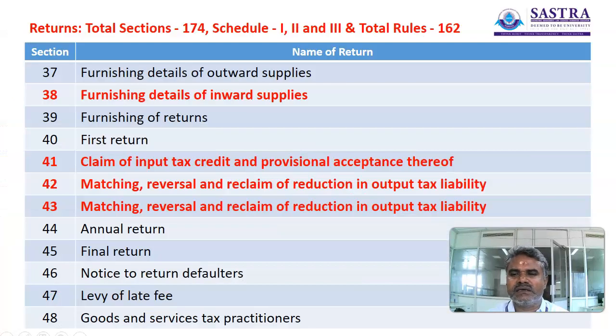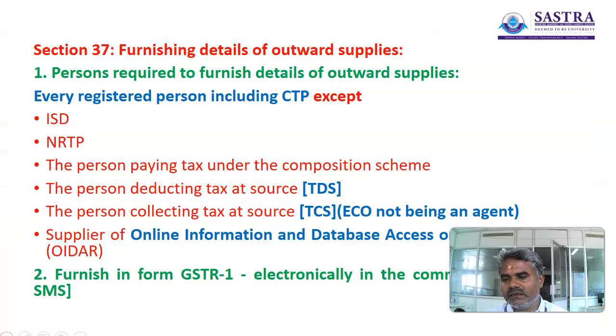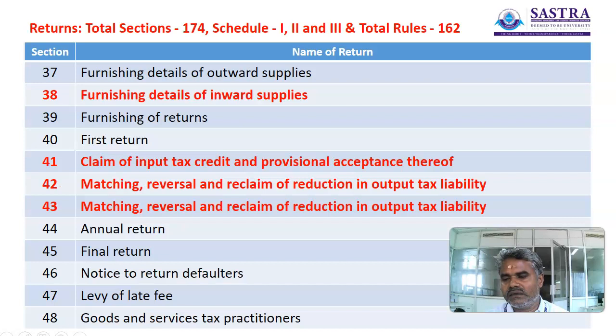So in this regard we have to submit the details of outward supplies. Outward supplies means sales. Whenever we sell our products, we have to collect tax from the consumer.